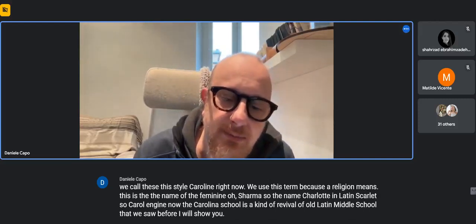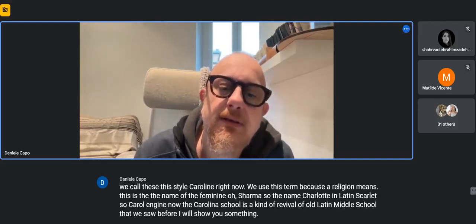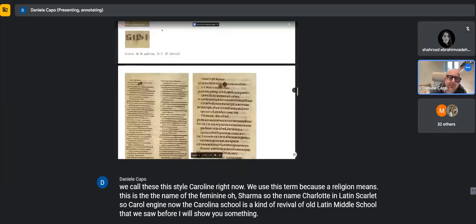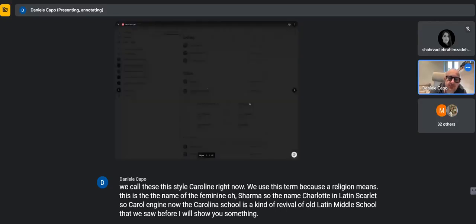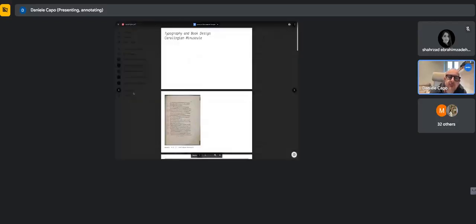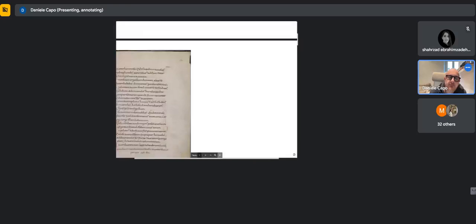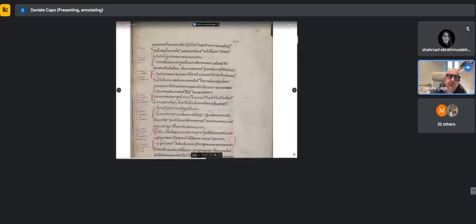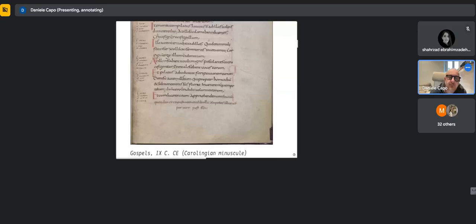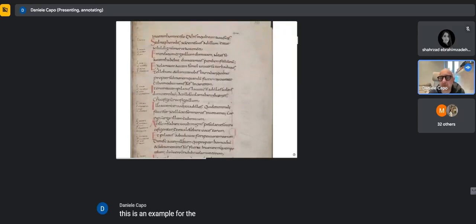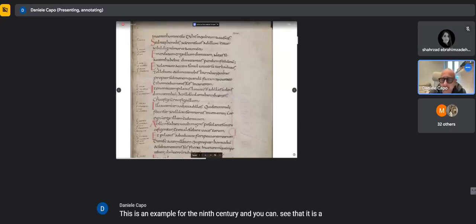I will show you something. This is an example from the 9th century. And you can see that it is a lowercase.